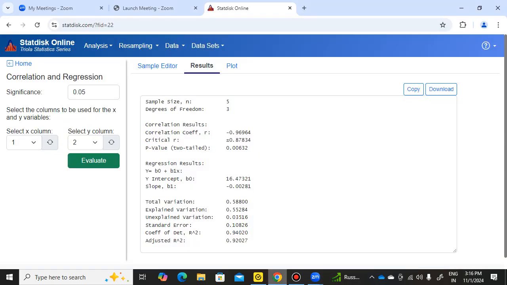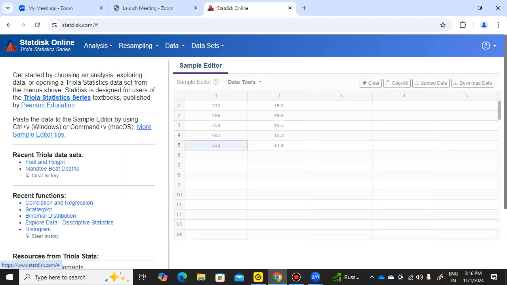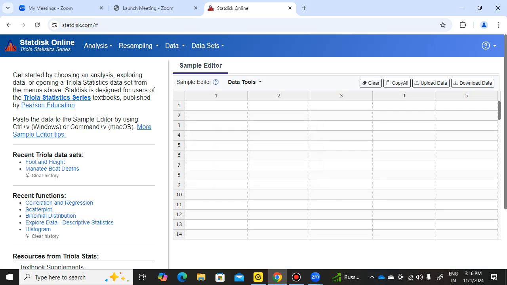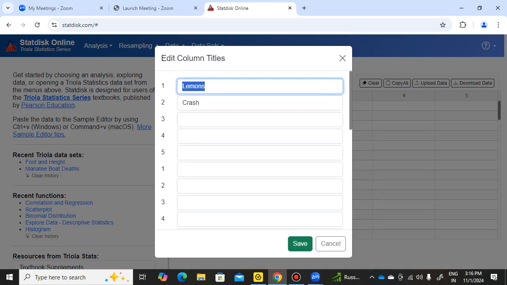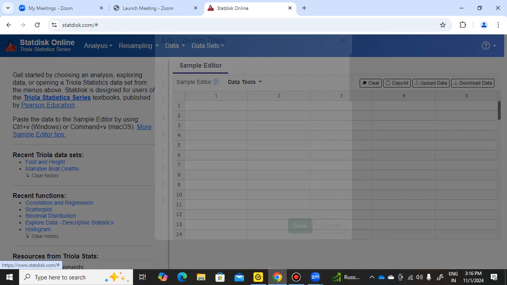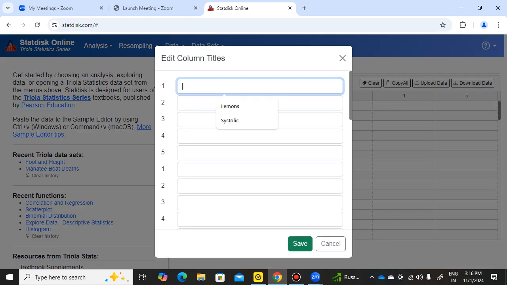Let's add in the data, so we'll have to clear this. Let's see if I can change the titles. It didn't work last time, but hopefully it will this time. Let me clear that out one more time. We'll put cost and then products.